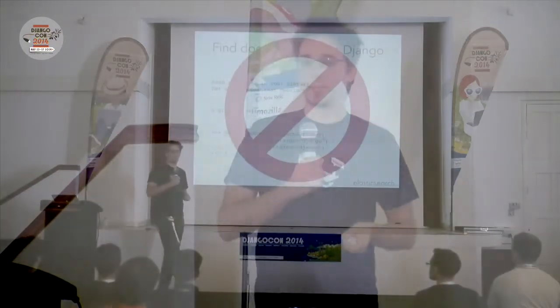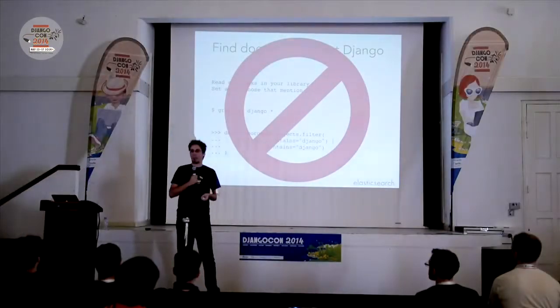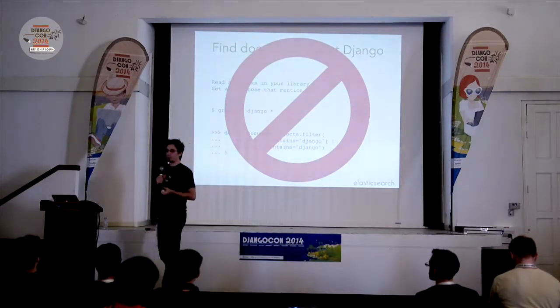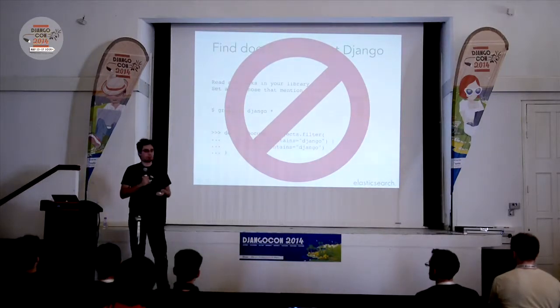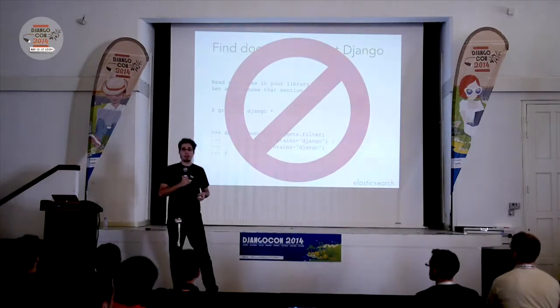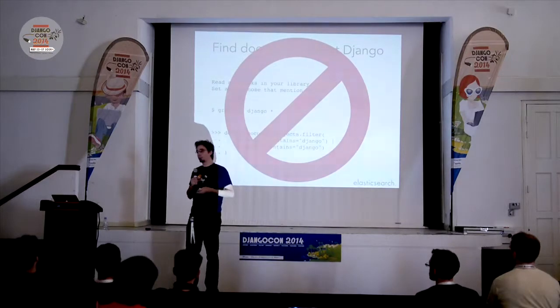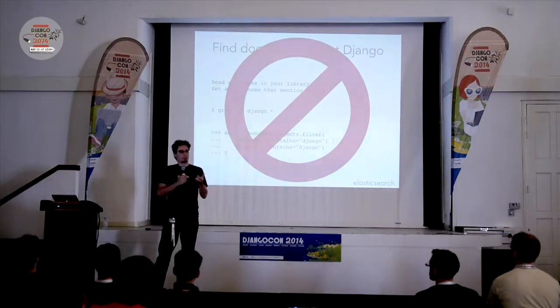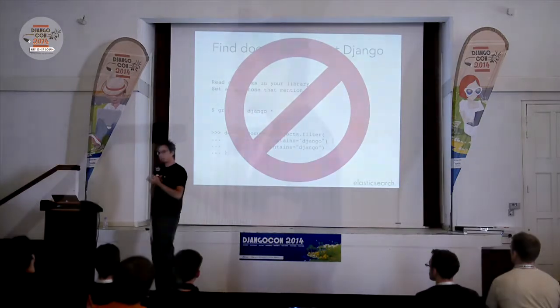And I strongly encourage you not to ever do this, ever, for several reasons. First, it just doesn't work. It might work with a keyword like Django, but if you're looking for a document about running or something like that, how do you know if you should search for run, or running, or runs? It just wouldn't match. Also, it wouldn't give you any sort of relevancy.